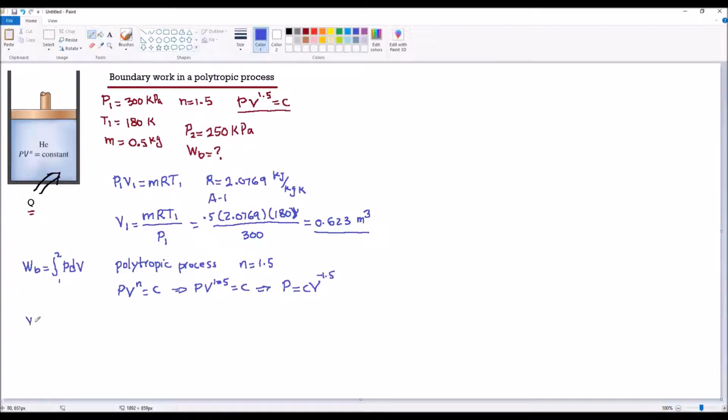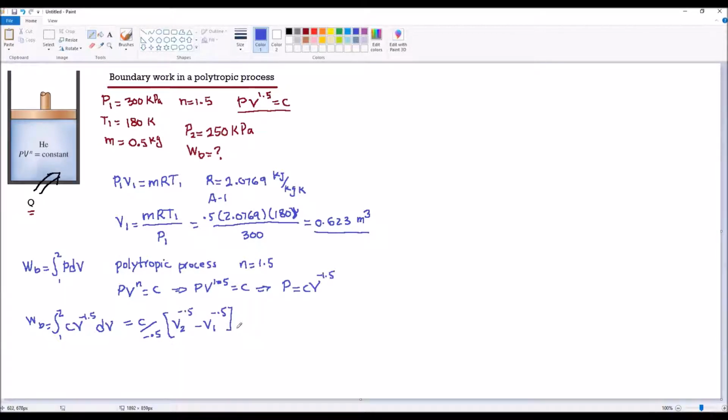Now we can plug in this equation, which would result in the integral of C V to the negative 1.5 times dV. The answer to this integral is, of course, C over negative 0.5 times V2 to the negative 0.5 minus V1 to the negative 0.5.